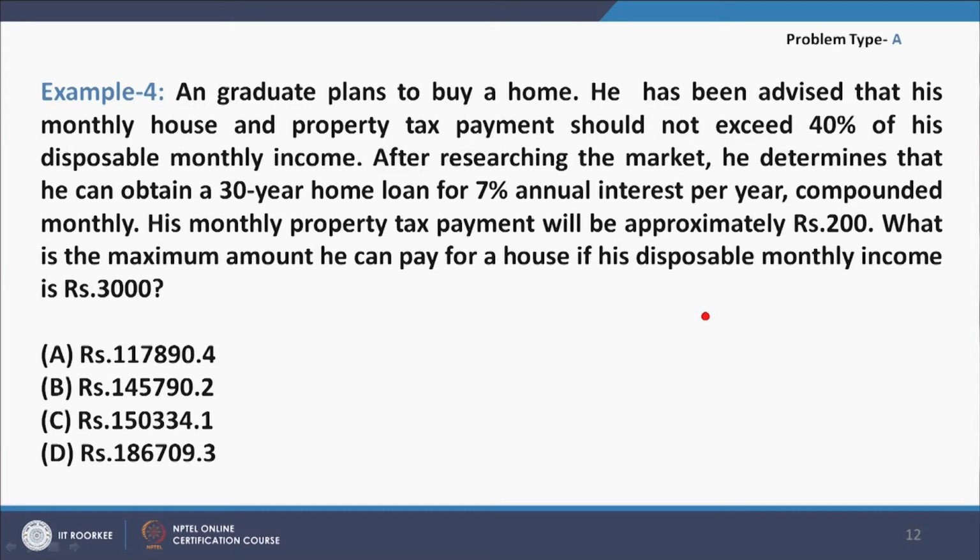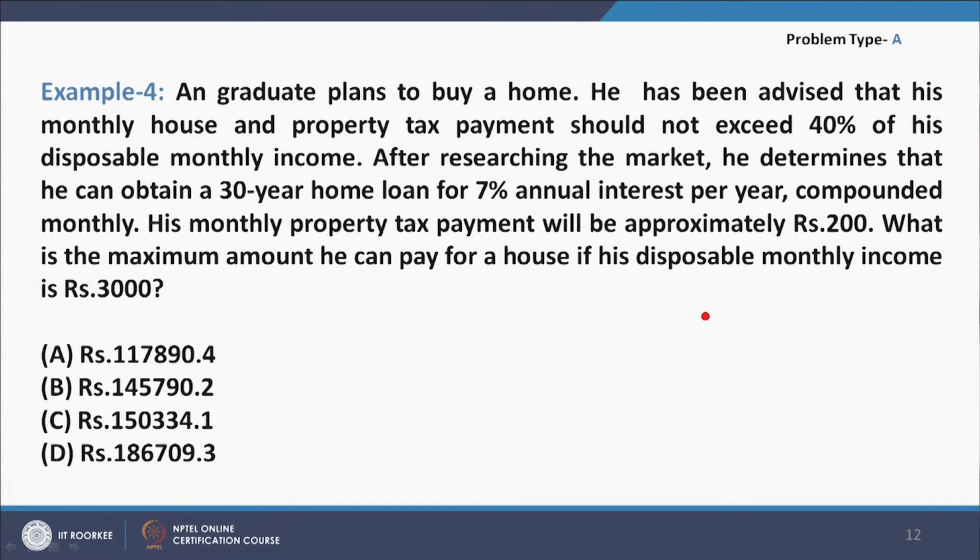Example 4. A graduate plans to buy a home. He has been advised that his monthly house and property tax payment should not exceed 40% of his disposable monthly income.